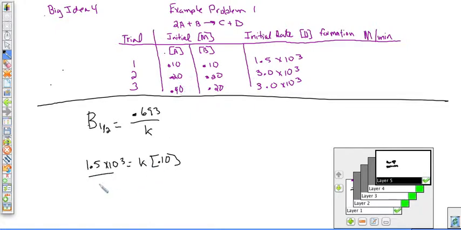So if we divide 1.5 times 10 to the third by 0.1, we're going to get K as 1.5 times 10 to the second, right? And so K equals that. So if I divide 0.693 by 1.5 times 10 to the second, or 150, I get the half-life.